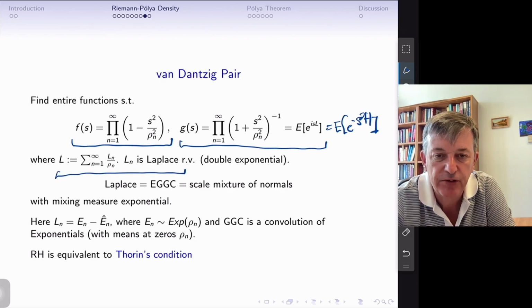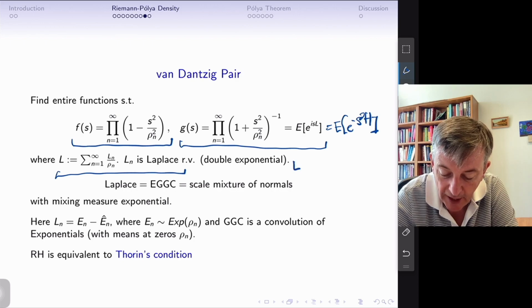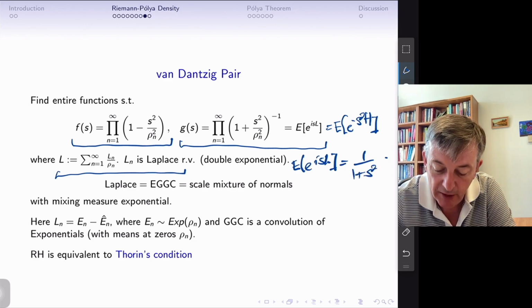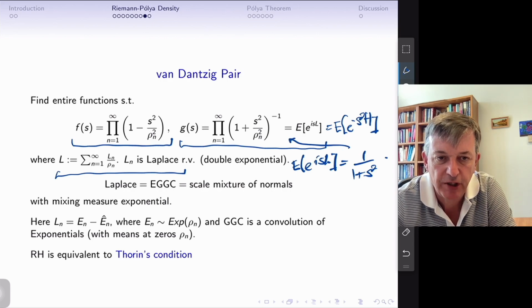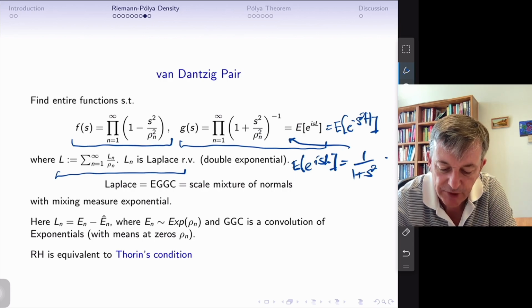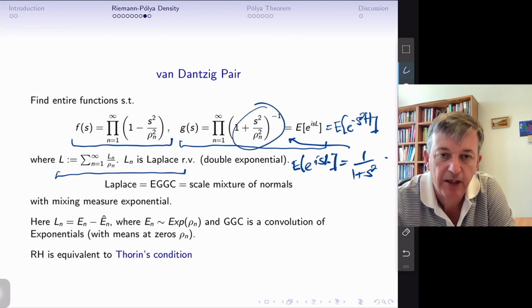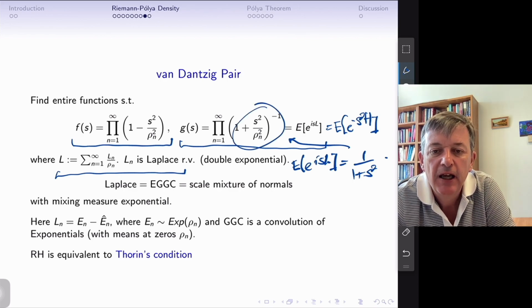Well, essentially L is a Laplace distribution. Why do I get that? Well, the Fourier transform of a Laplace is simply 1 upon 1 plus s squared. So essentially you can see how that can come up here. And essentially I'm going to have a sum over scaled Laplaces to get this function that looks like this.